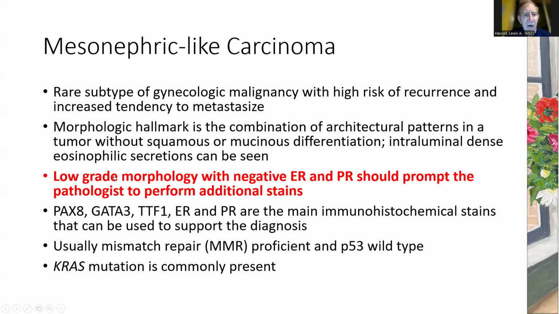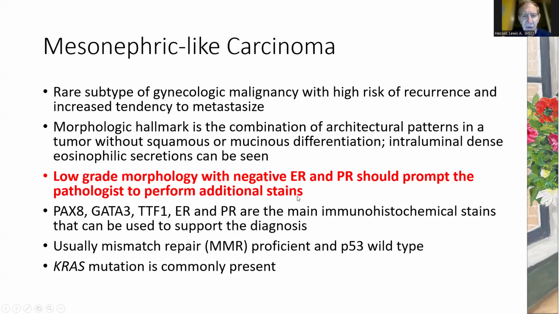But the real key here is the low-grade morphology architecturally with negative hormone markers, which should prompt you to think about additional staining. And that should include PAX8, GATA3, TTF1. Those are the things that are going to help you identify this and pick it out of the background.